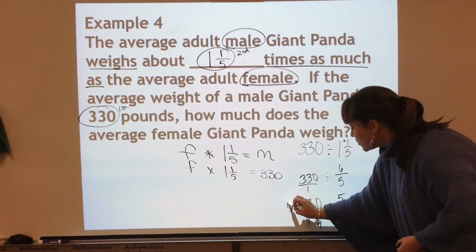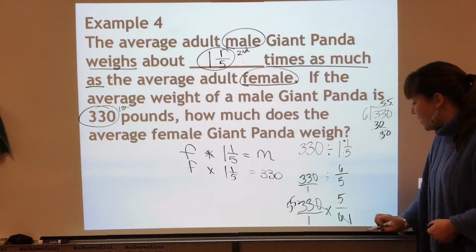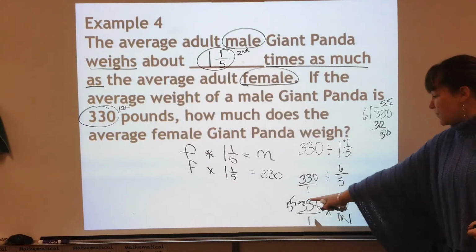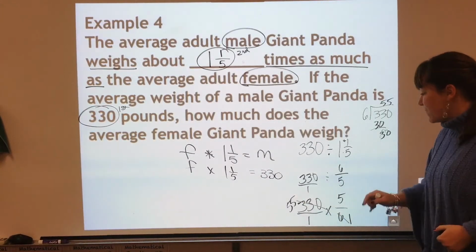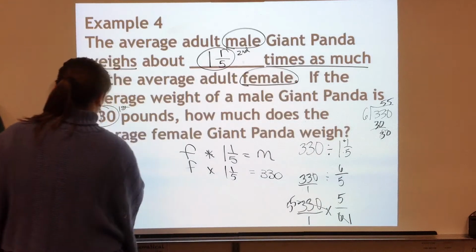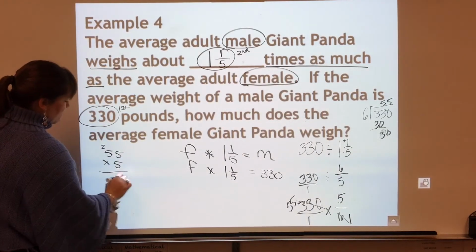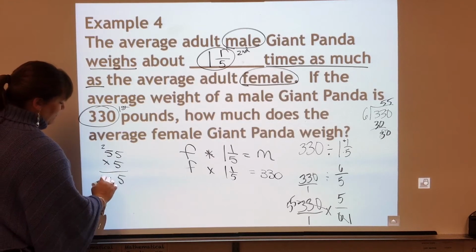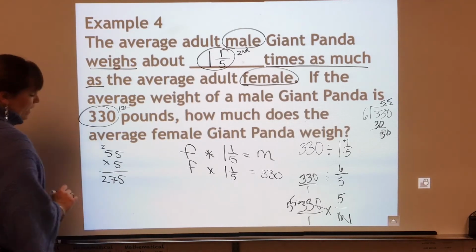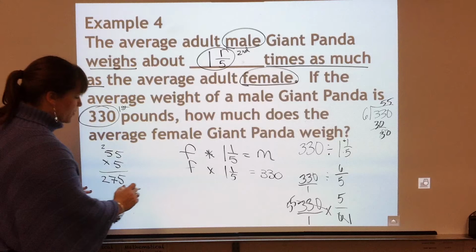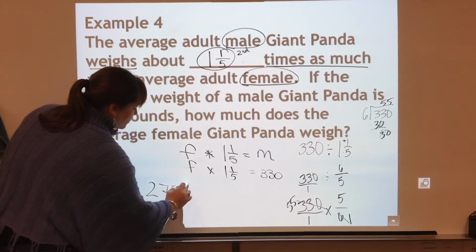So I'm going to actually have 55 up here and a 1 down here, which actually means I'm just multiplying 55 times 5 to get my answer. And I have a 25 and another 25. So I have an answer of 275 pounds.